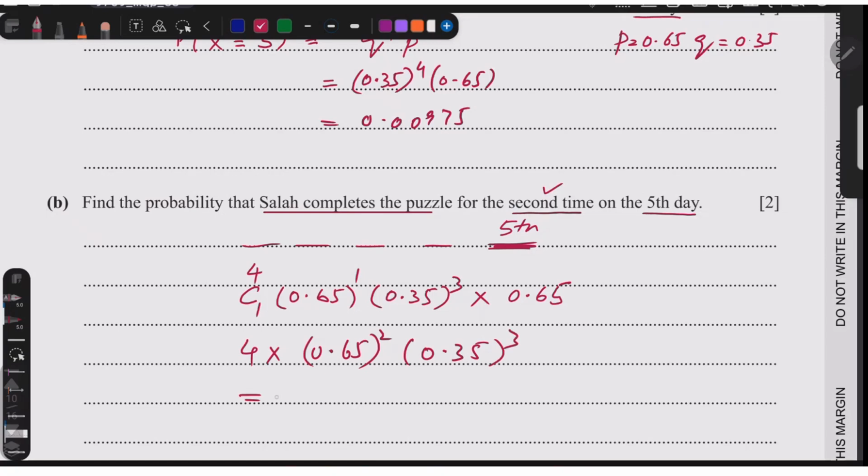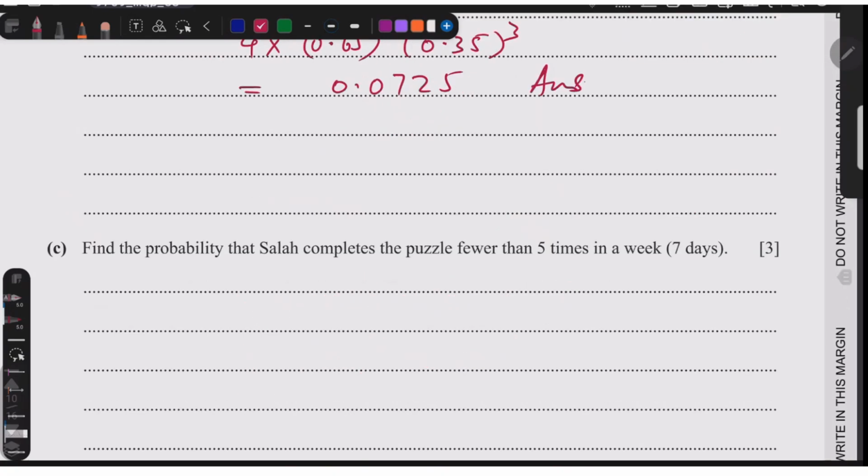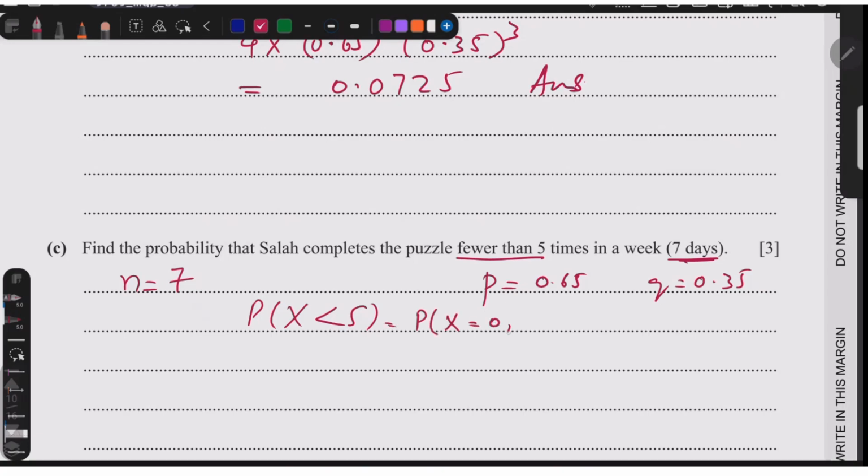And its answer would be... Find the probability that she completes the puzzle fewer than 5 times in a week of 7 days. 7 days means we consider these 7 days as the number of trials, and completing the puzzle is p, where 0.35 means the failure. And the thing which is less than 5, if we elaborate it, could be 0, 1, 2, 3, and 4.